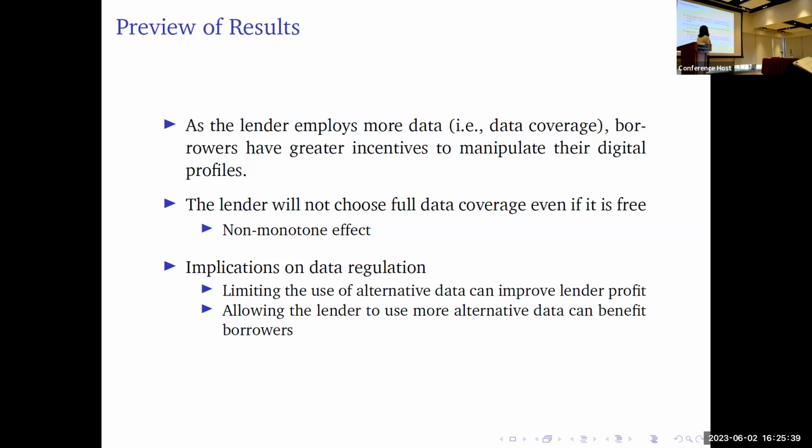And from the borrowers' perspective, limiting the use of alternative data might benefit them from the privacy perspective. But if we shut down that channel, then we find in our context that allowing the lender to use more alternative data may actually work to the benefit of the borrowers. So that's a review of the results.